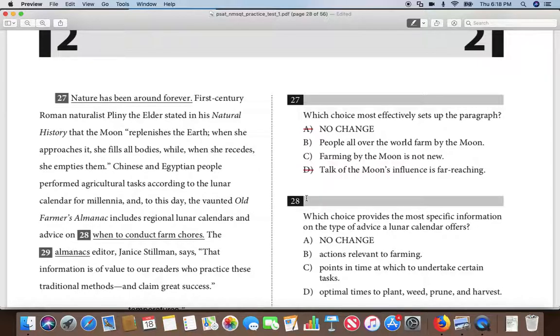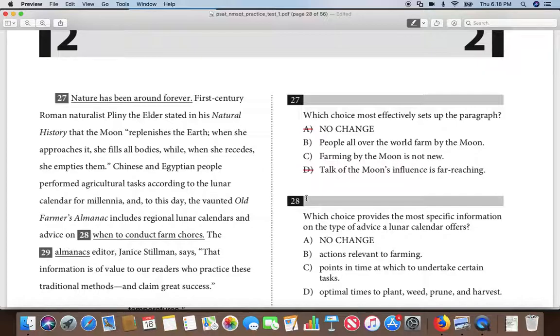I want to say it's C because it's saying farming by the moon is not new, which refers that it was done in the past, and it talks about the history of the Chinese and Egyptian people performing lunar farming. Every single one of these examples in the paragraph is a reference to farming by the moon in the past.